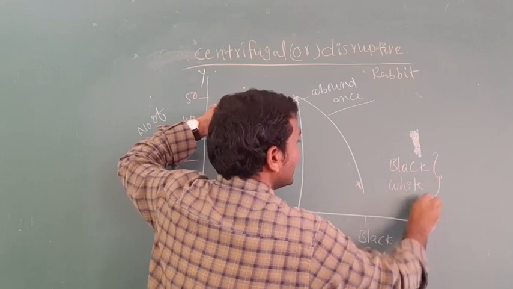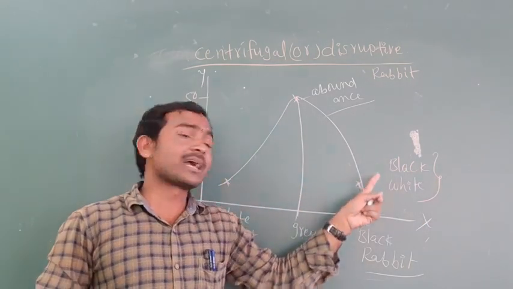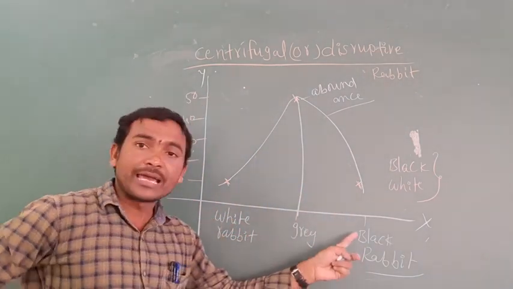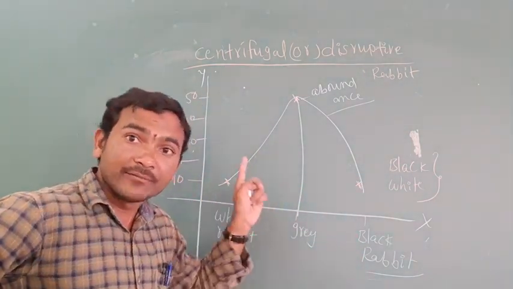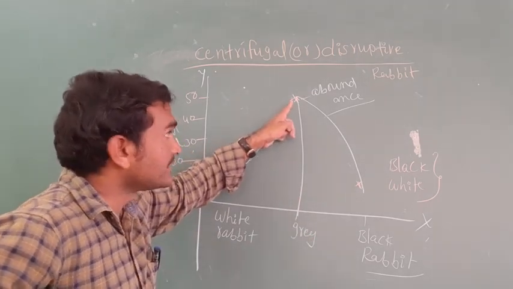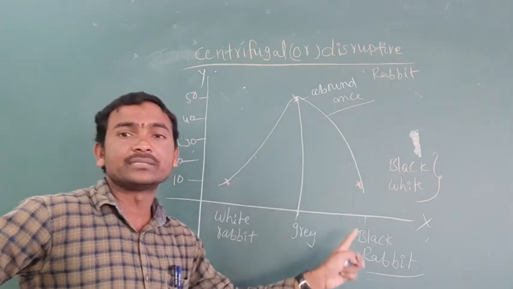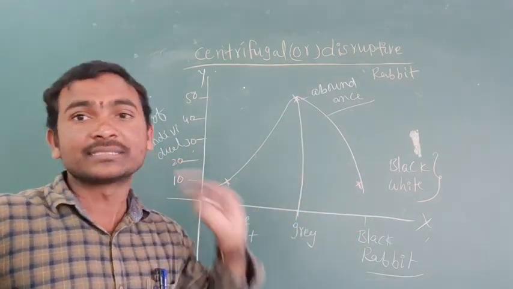The black and white stone region is where the 3 types of rabbit live. The grey rabbit is the highest, and the white and black rabbit numbers are very low.